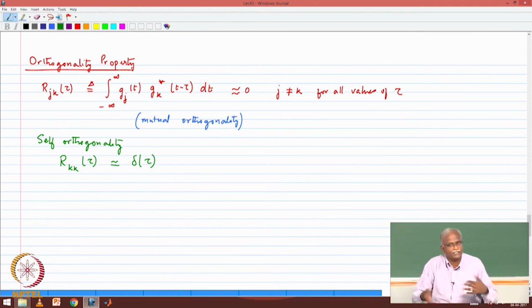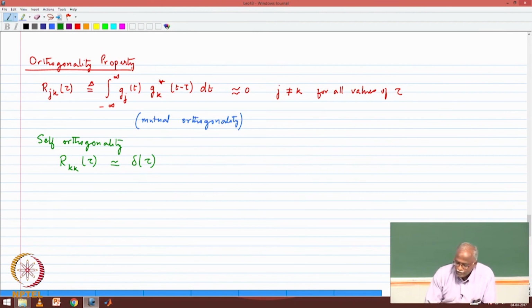Ultimately that's what we are trying to do, so that it is not correlated with other sequences, and it has correlation only at 0 lag. At all other lags it does not have correlation. This is a very useful property.